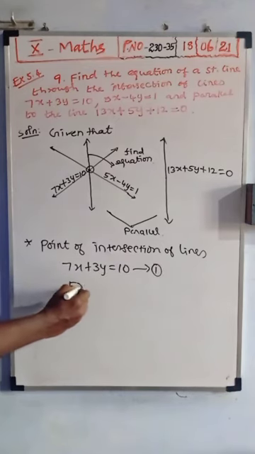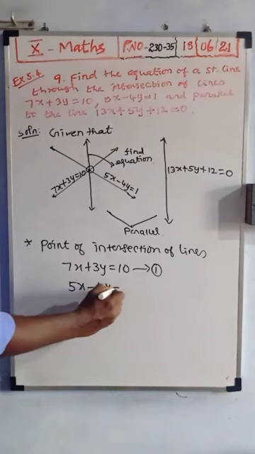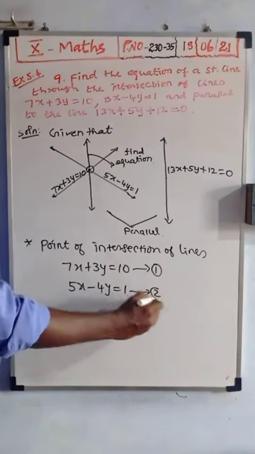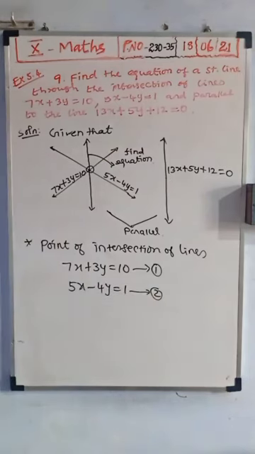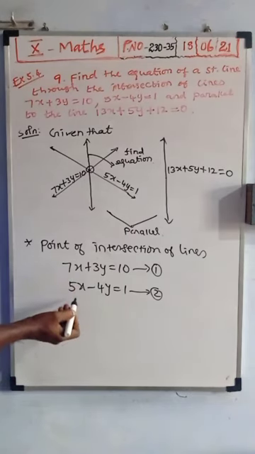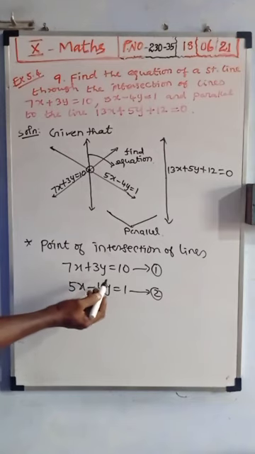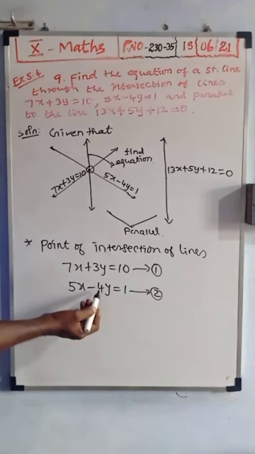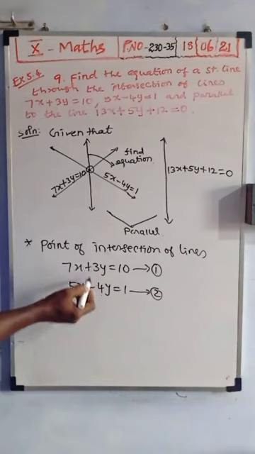Second equation, 5x minus 4y is equal to 1. Solve 1 and 2, then we will get x or y, any one of the variable values. Now see which one: here 7x, here 5x. The x coefficients are different, and the y coefficients are also different, but the y coefficients have opposite signs.